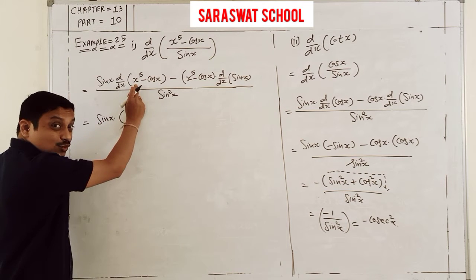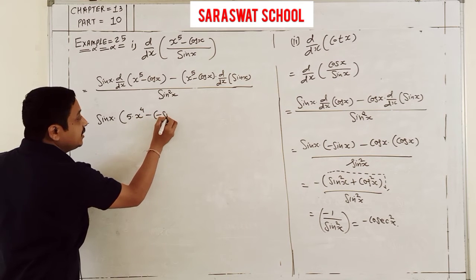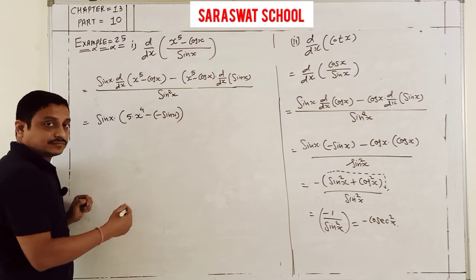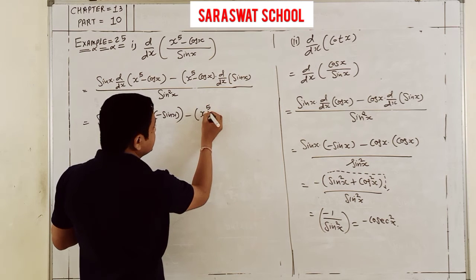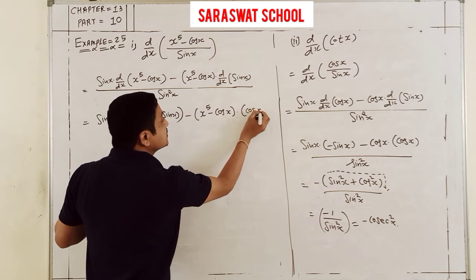Here x raised to n gives 5x raised to 4 cos x, derivative minus sin x. Next, here also same, the derivative of sin is cos x.